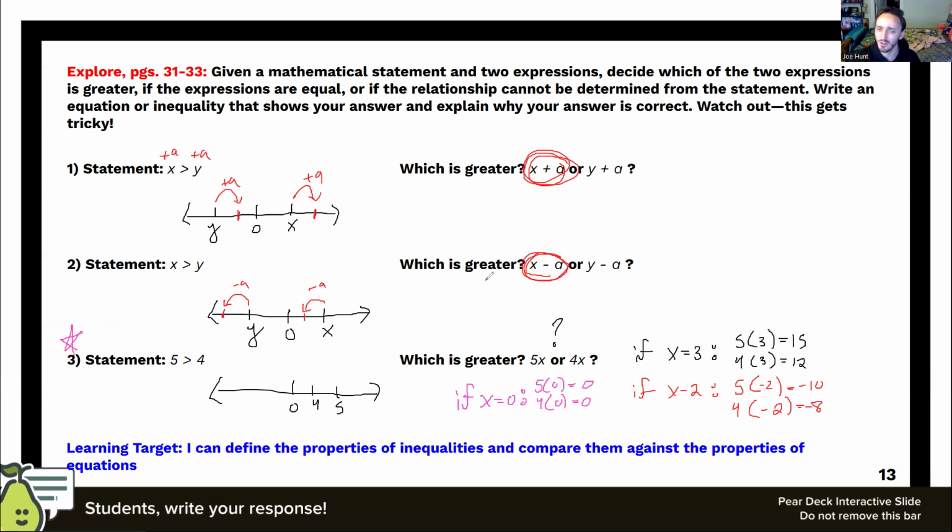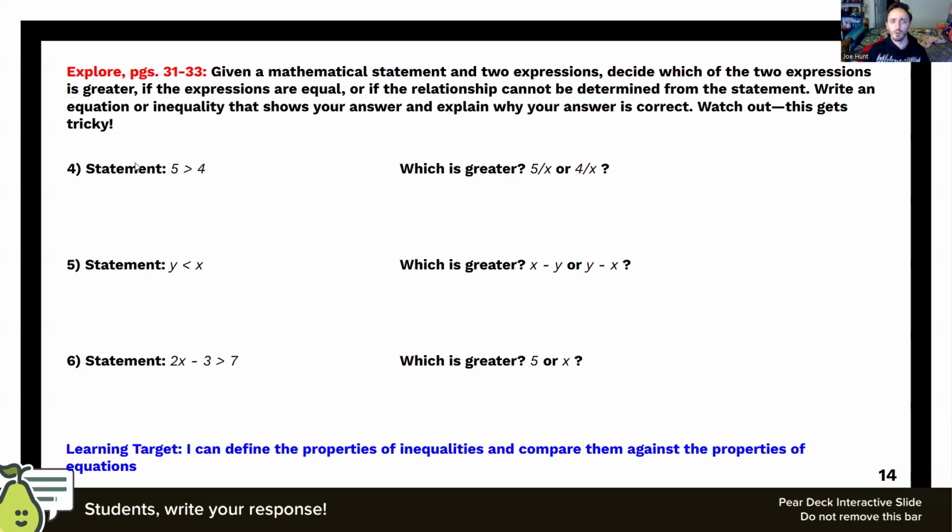So long as I'm multiplying by a positive number, I maintain the original truth value and don't have to change anything. But if I multiply by a negative number, I have to switch the original inequality. So instead of greater than, I'd have to switch it to less than. It gets a little more interesting with problem 3.